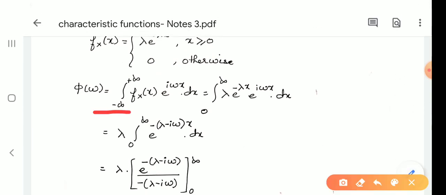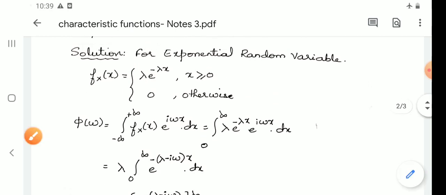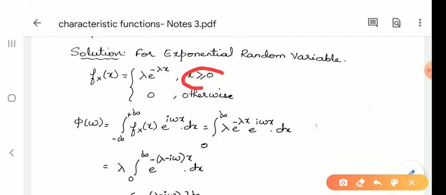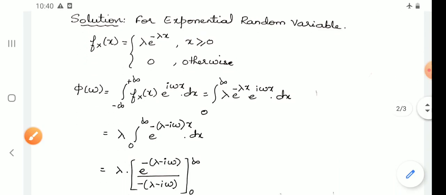phi of omega is equal to, here the interval is from 0 to infinity. The phi of omega now becomes integral 0 to infinity lambda e power minus lambda x into e to the power i omega x dx.